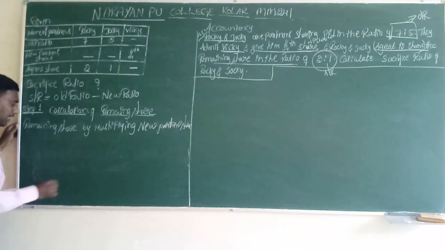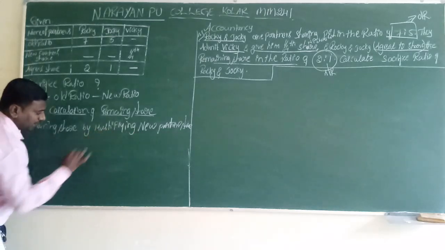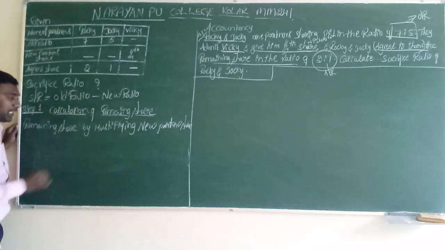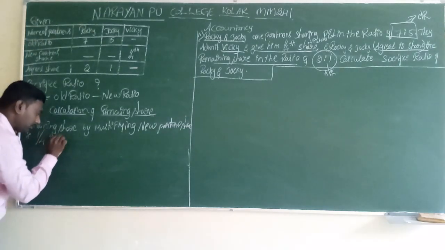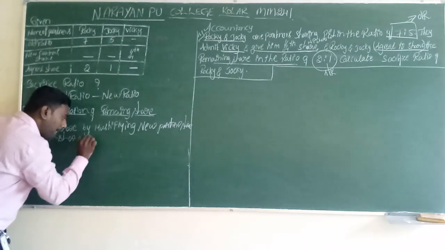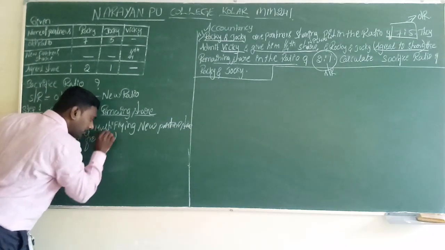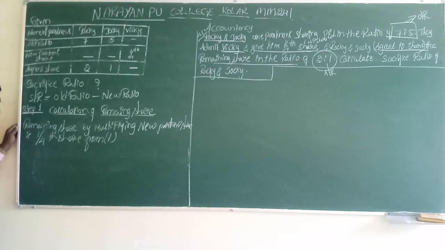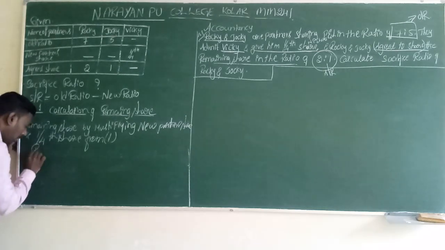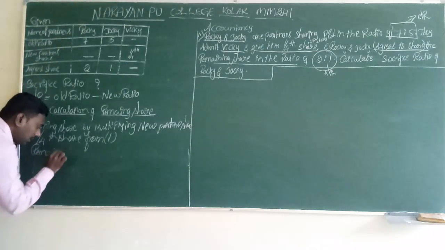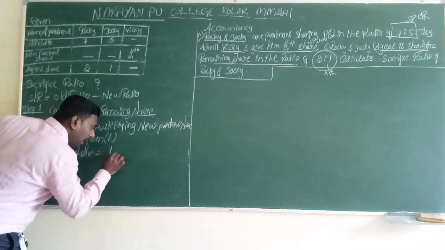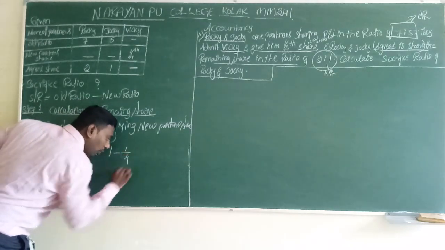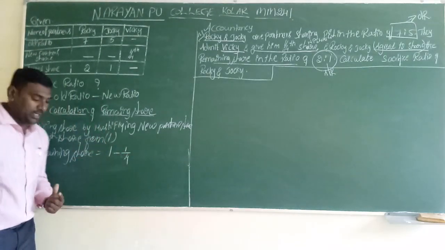While we have to get the remaining share, we should deduct the value, the new partner share, that is 1/4 share, from 1. By deducting the value from 1, we will get the remaining share. Therefore, remaining share is equal to 1 minus 1/4. 1/4 is the new partner share.